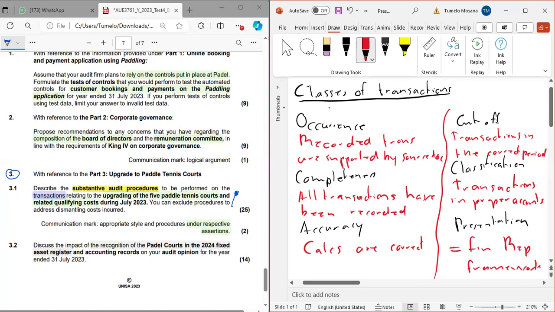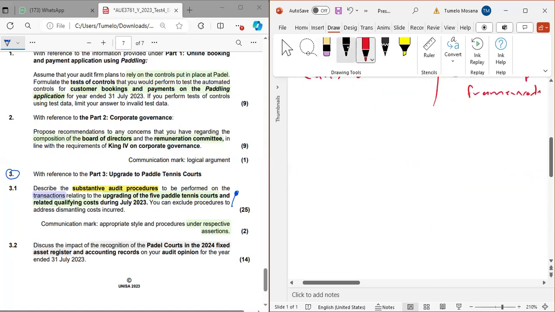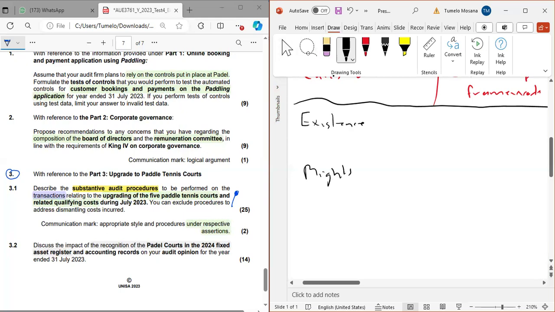So this is when you are dealing with transactions. But should you be dealing with account balances, the assertions that you would have, if the question does not limit you to a certain assertion, would be existence, you would have rights, you would have classification, you would have completeness.